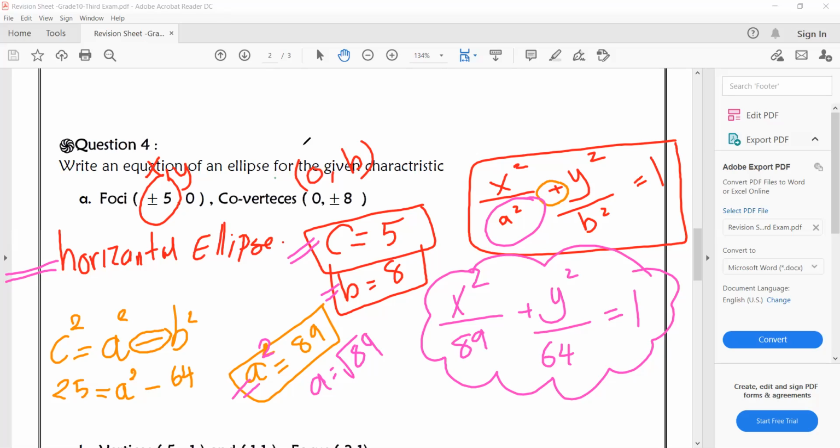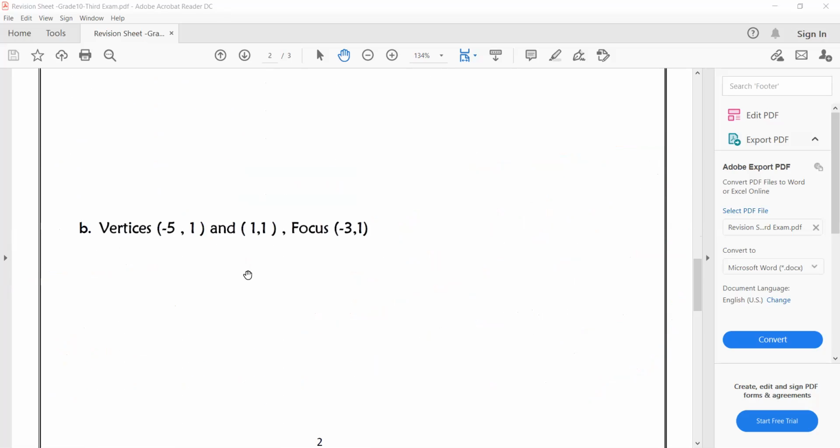Okay. Now look at this one here. Do we solve it like this one? It has translations. No need to solve it.